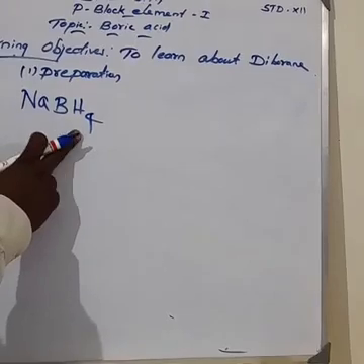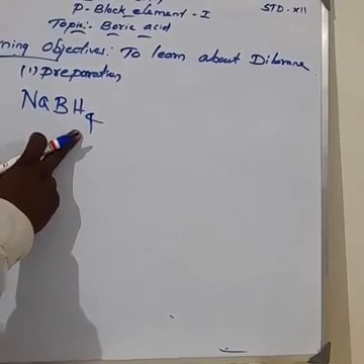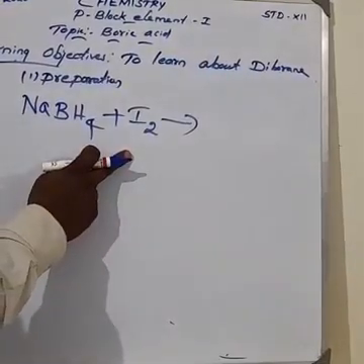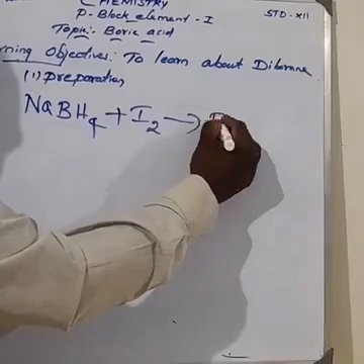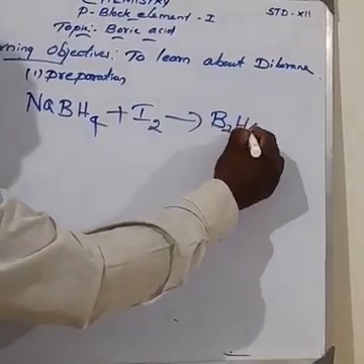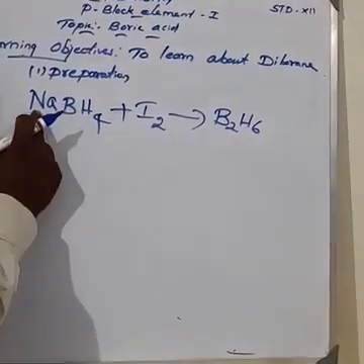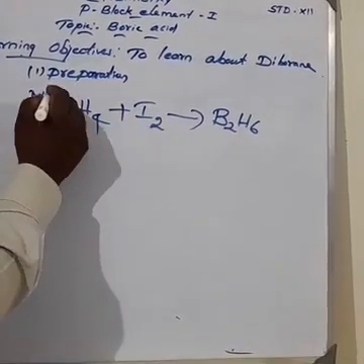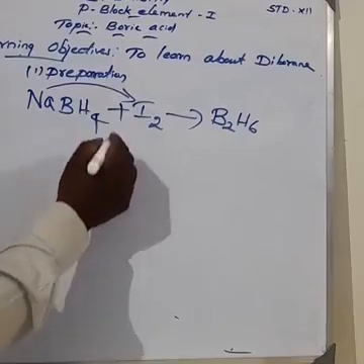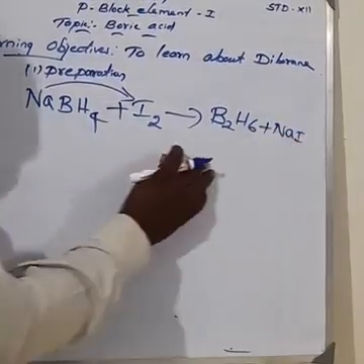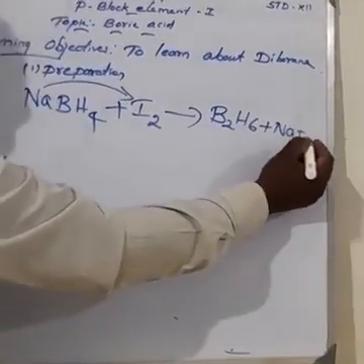This sodium borohydride reacts with a small quantity of iodine, I2, and we get diborane, formula B2H6. The sodium combines with iodine to form NaI, sodium iodide, and the evolution of H2.